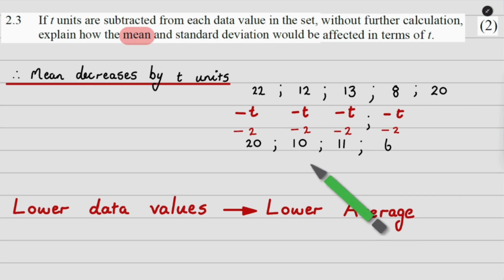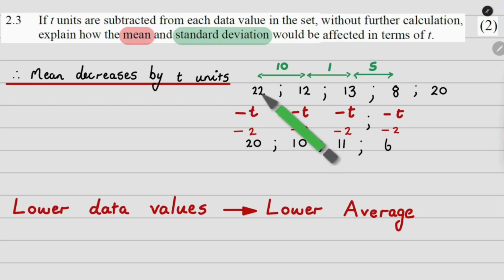Okay. Now to talk about the standard deviation, I've got to talk about the spread of the data. So I'm going to look at the spread here. You can see the difference between 22 and 12 is 10. The difference between 12 and 13 is 1. The difference between 13 and 8 is 5. So that tells you about the spread.